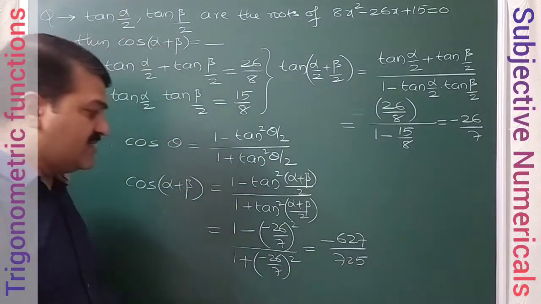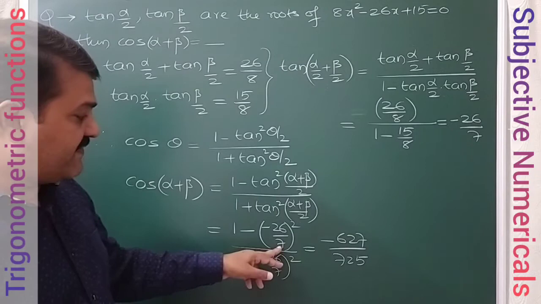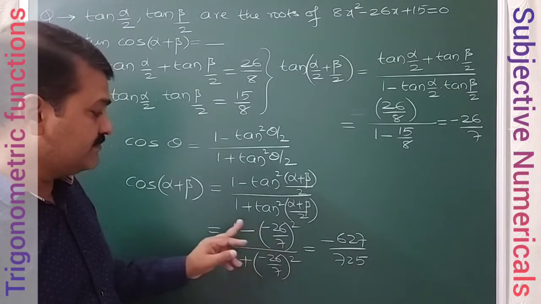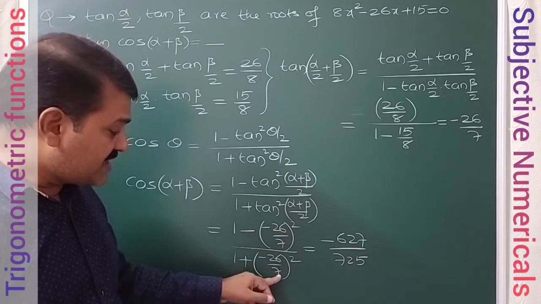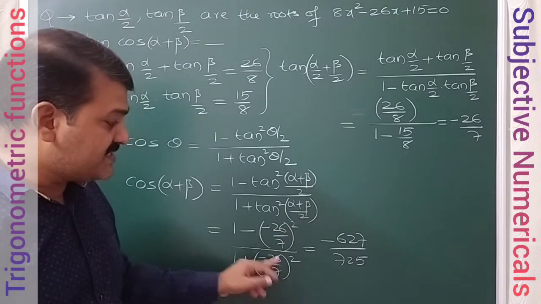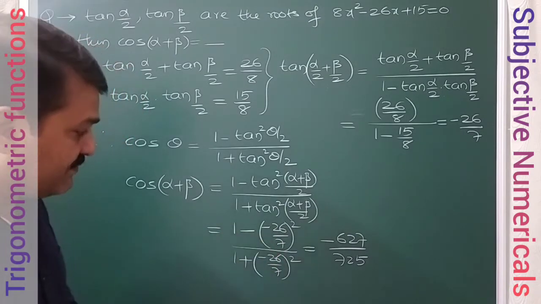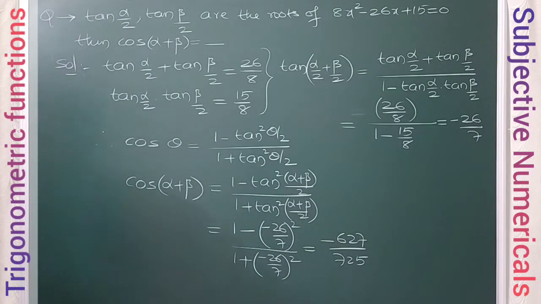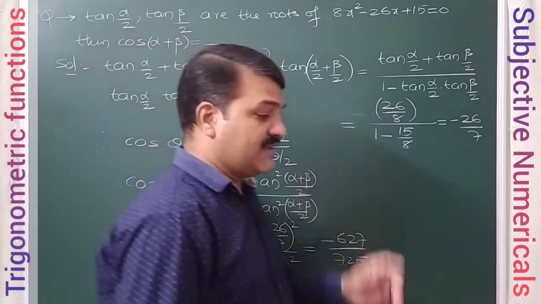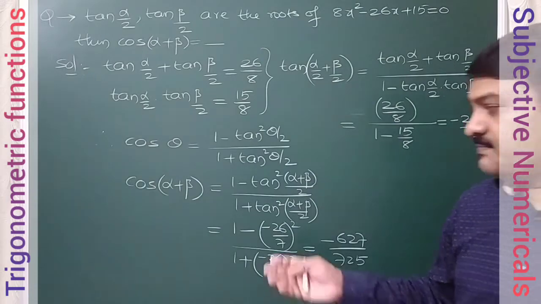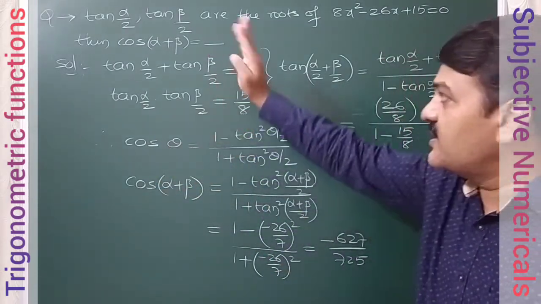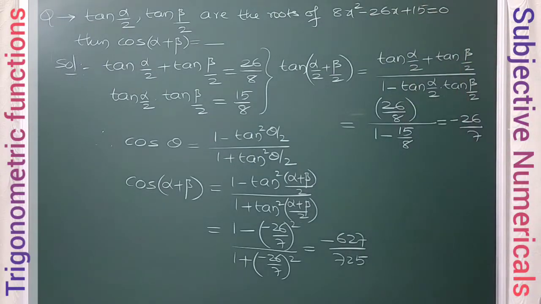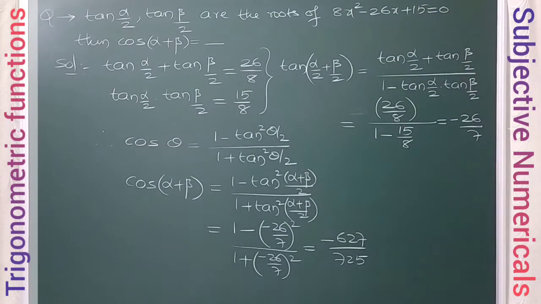Just take LCM, that's all. So 7 square minus 26 square in the numerator, and 7 square plus 26 square in the denominator, that is what we have to do. So this is the result of cos of alpha plus beta. This is the simple application of this formula and the sum of the roots and product of the roots for the given quadratic equation. Okay, so let us move on to the next question now.